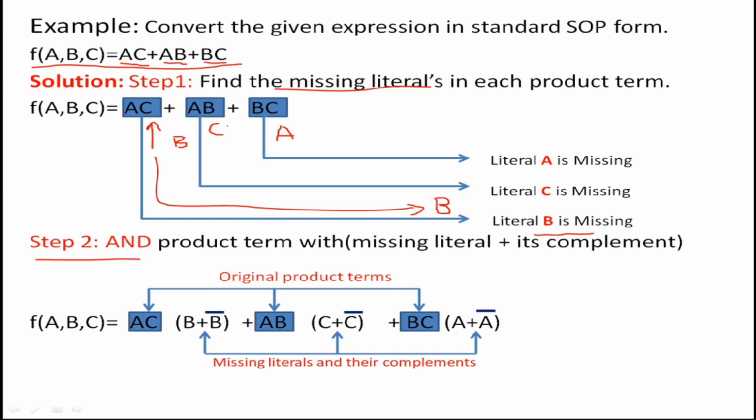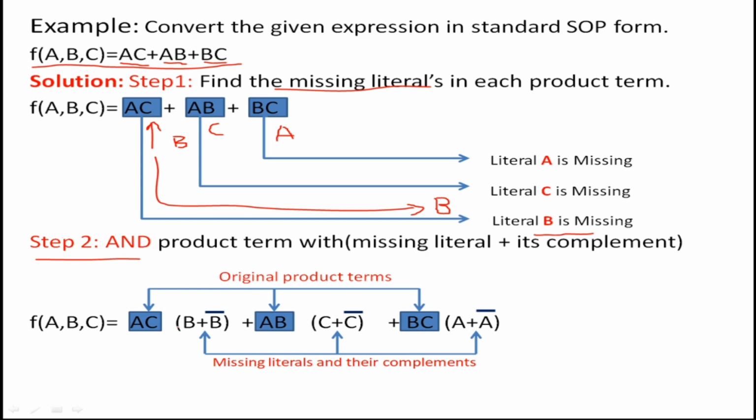In the second case it will be C plus C bar, and in the third case it will be A plus A bar, so BC will be multiplied with the sum term A plus A bar. If you look into this expression, AC is the product term which is present.